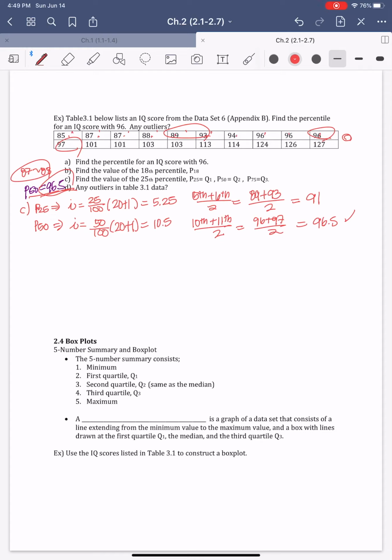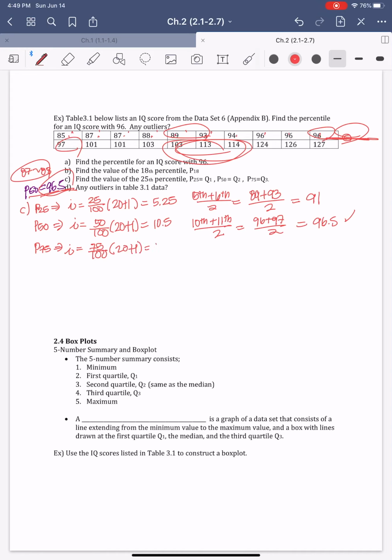Let's do one more, P sub 75. You can kind of see that if 50% represents this, 75 should be towards here, somewhere past the middle value. Let's check. i is equal to 75 divided by 100 times 20 plus 1.